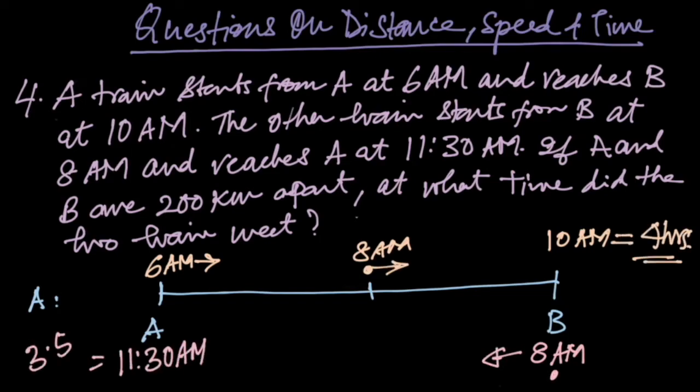So from the data given, we find out the ratio of their speed, and between 8 am and 10 am we will use the ratio of their speed to find out where they will meet.